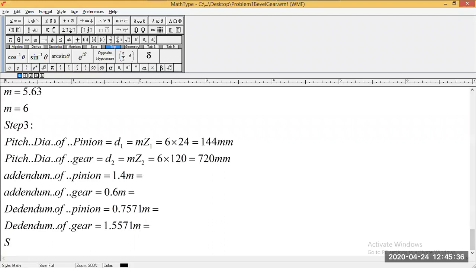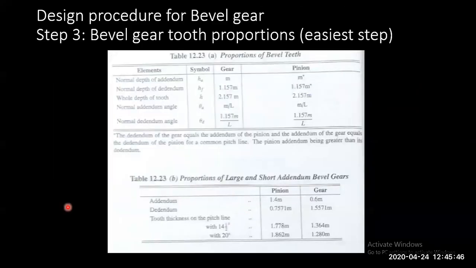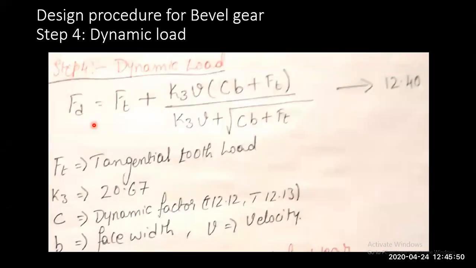So step 4. Step 4 is dynamic load. So step 3 is just plug and play. So step 4, the dynamic load. This equation here is FD, the dynamic load.